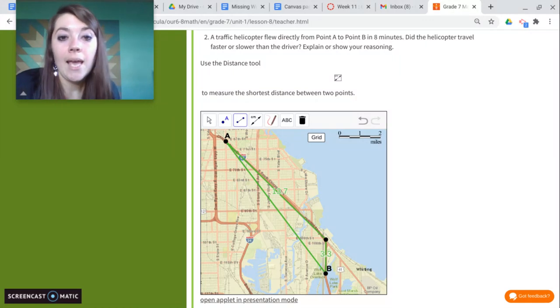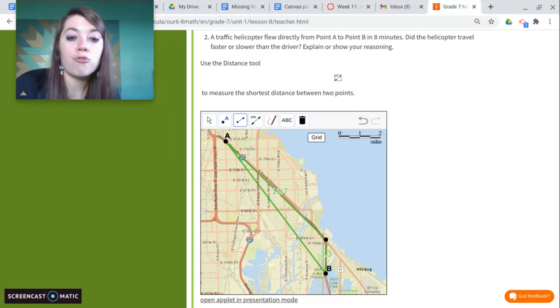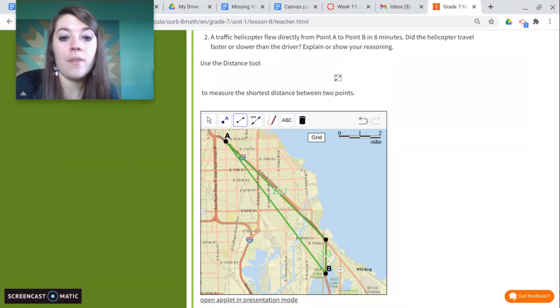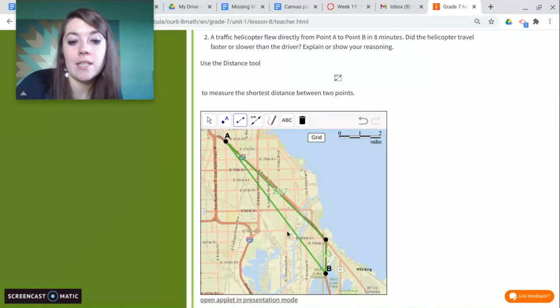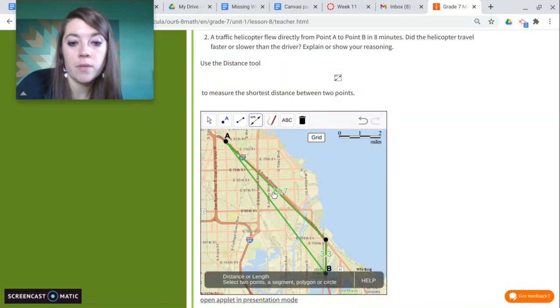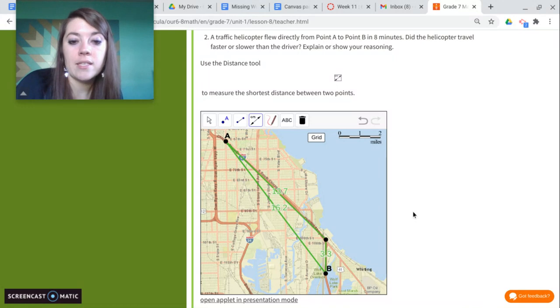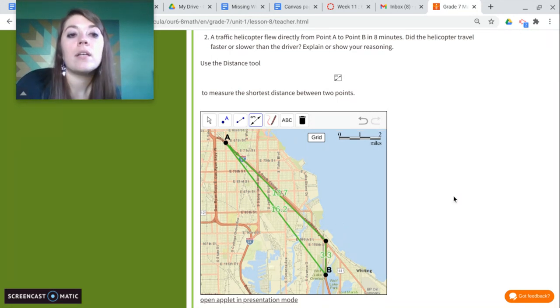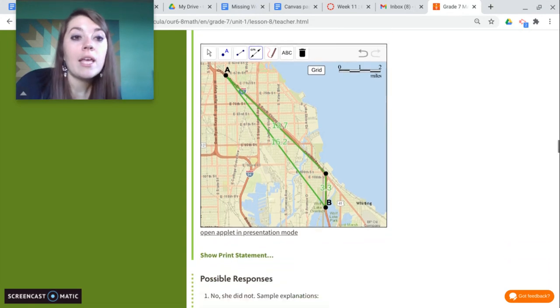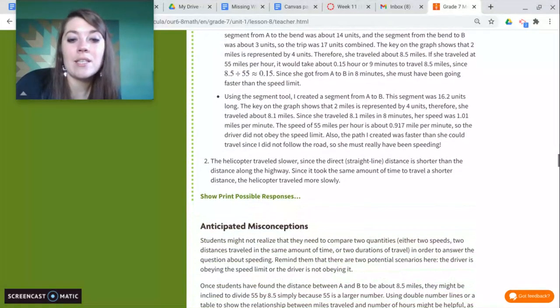The person driving had to go a further distance, because this one, if we find the measurement, is 16.2. So this is fewer miles than the other route, but he got there in the same amount of time, which means, did he drive faster or slower? He flew slower. He was going at a slower rate of speed.